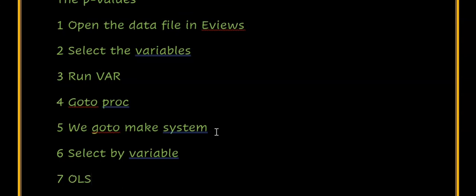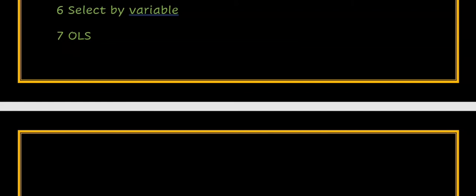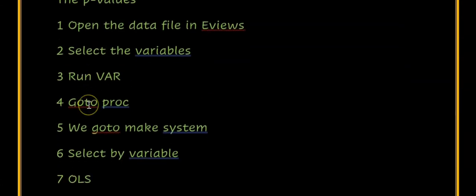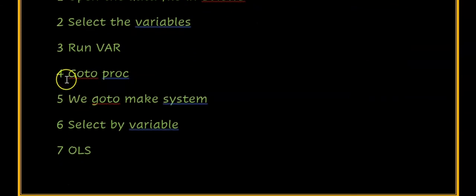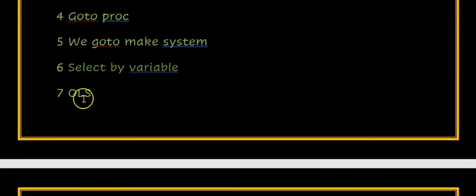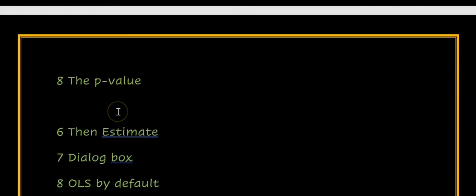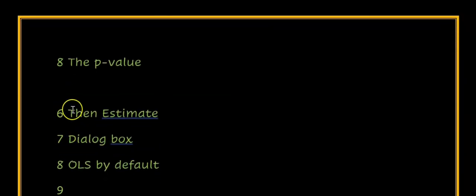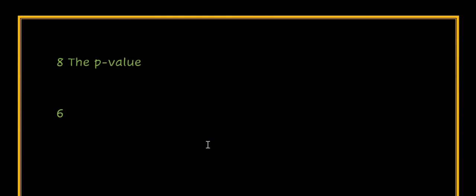We press OK, and this gives us the p-value. Simple. So it looks like a long process, but the most important part is you just go to Proc, then Make System, select by variable, then OLS, and then the p-value. That's it. That's all.